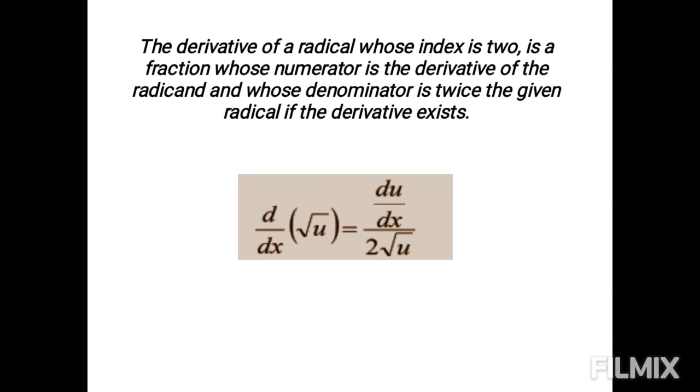It means that when we have a radical which is the square root like that, because the index is 2, the derivative is a fraction whose numerator is the derivative of the radicand here, and whose denominator will be twice the given radical, if the derivative exists.